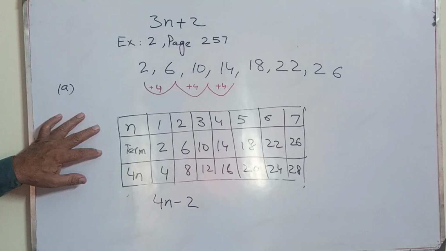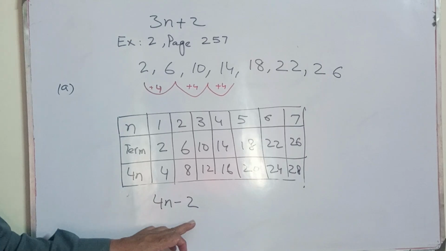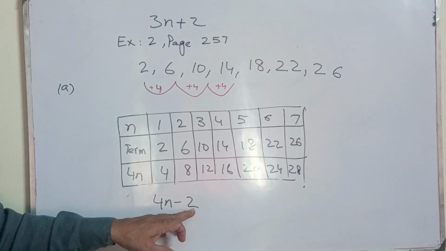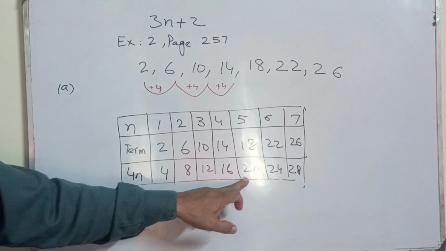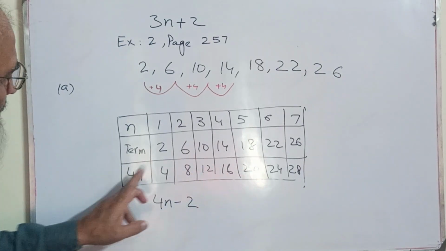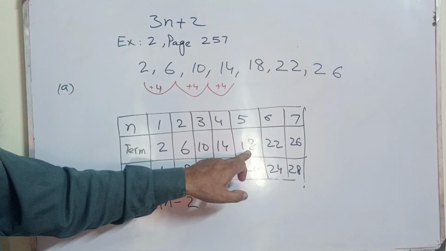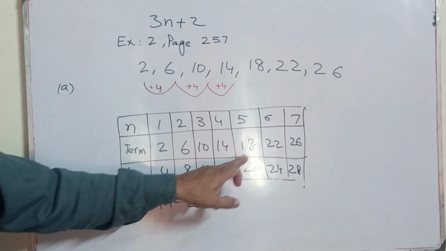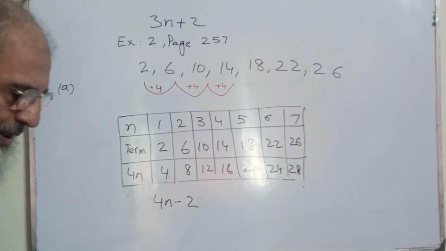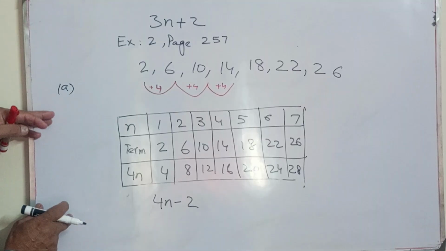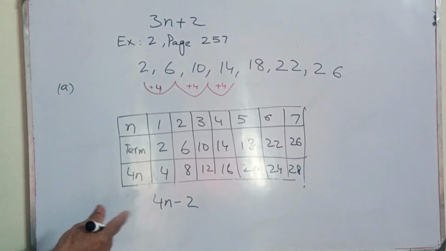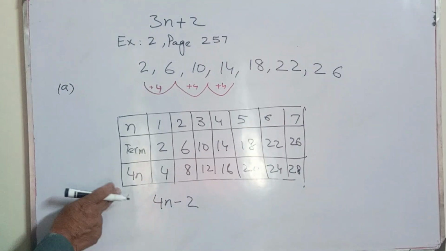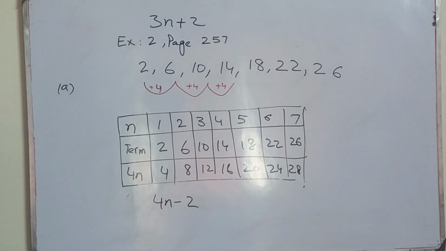We have to subtract 2 from 4n, wherever the case may be. You see here 4n is 20. If you subtract 2, you will get 18. So this is the general rule and the answer for part A. Yes, this is the general rule we have constructed in this formula.